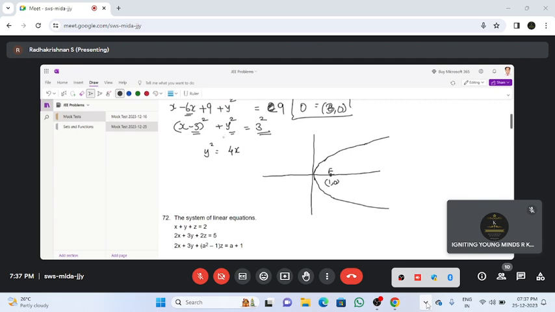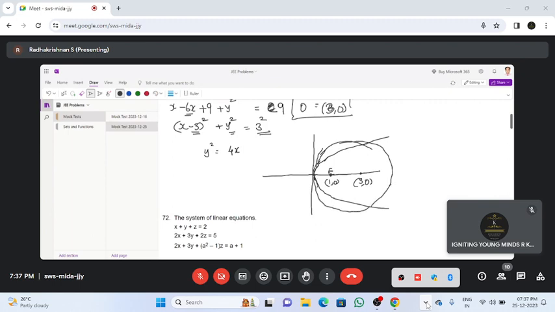Whereas the circle has its center at 3, 0 and its radius is 3. So it is going something like this. Not drawing it perfectly, drawing something like this.